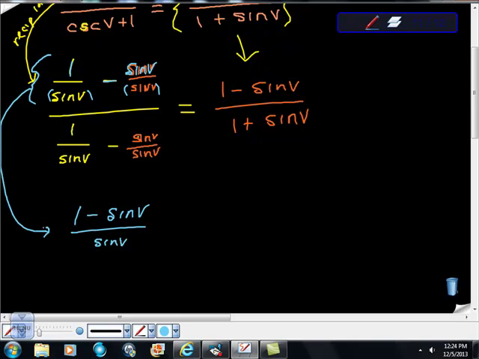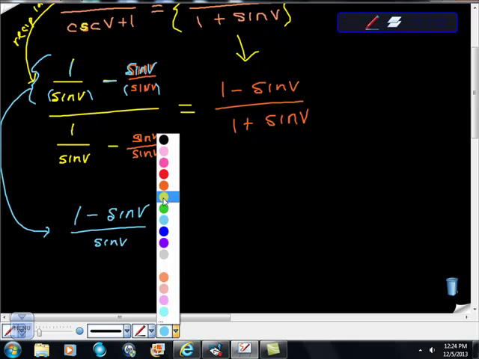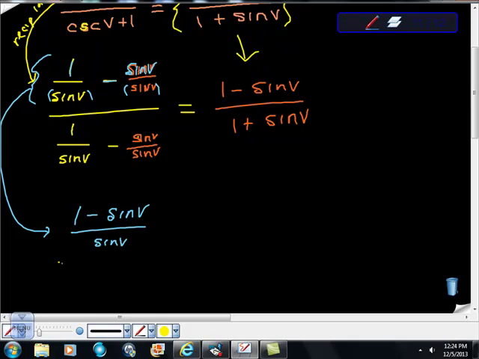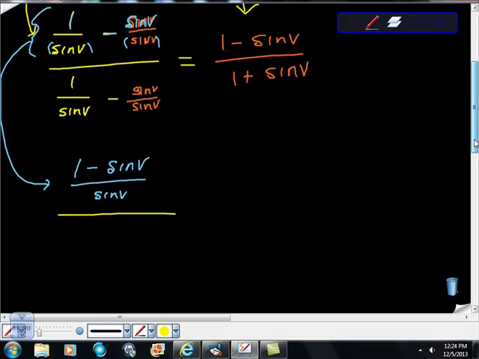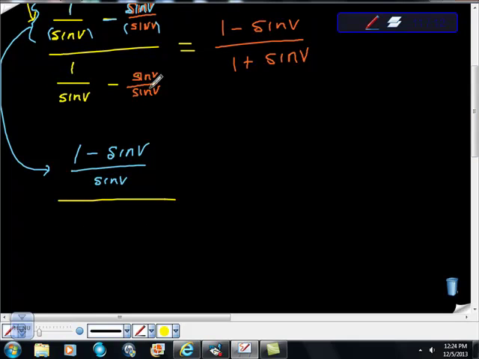The numerator is this piece right here. This solidus or fraction bar is this one. And now I'm going to start to clean up the bottom of this. So this is 1 minus sine v. So it's 1 minus sine v. Of course, we made sure that we had a common denominator, and we do, of sine v.